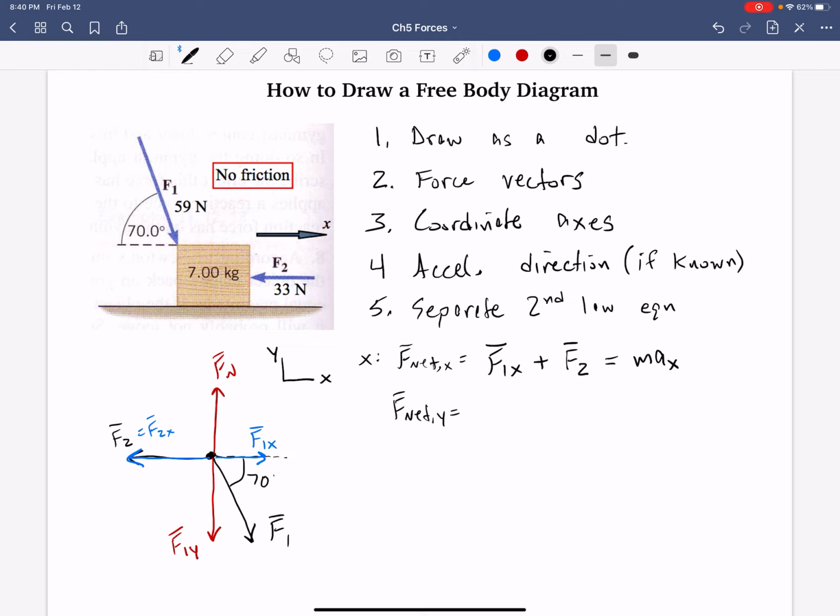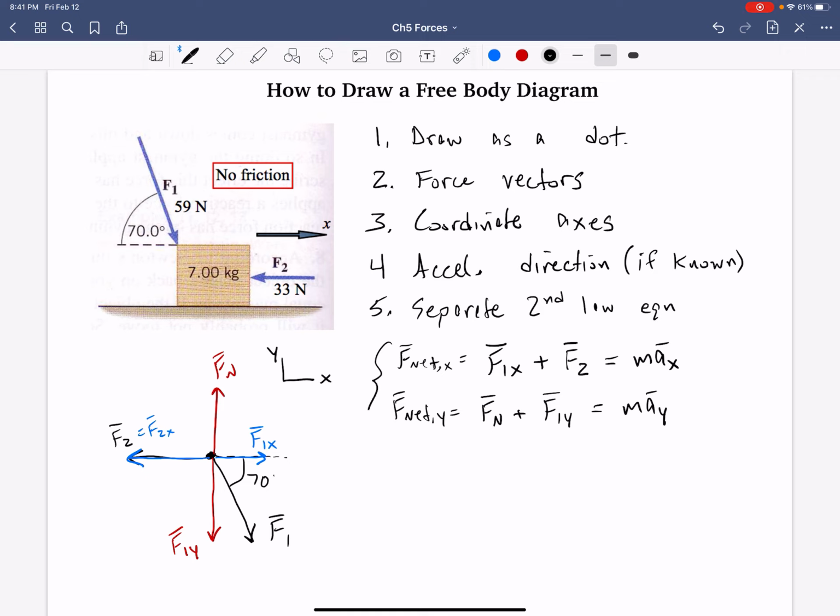So that is positive. Why is it positive? The normal force here is positive because that's in the same direction as the plus y direction I specified earlier. So in my equation, that has a positive sign, Fn, and for right now, I'll write F1y as a vector, and that all equals ma in the y direction now.